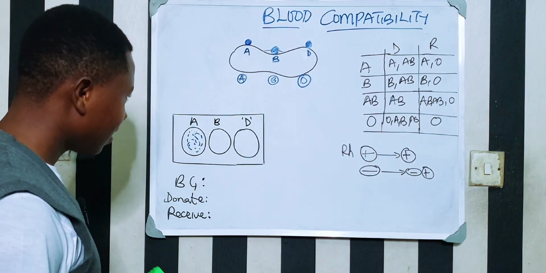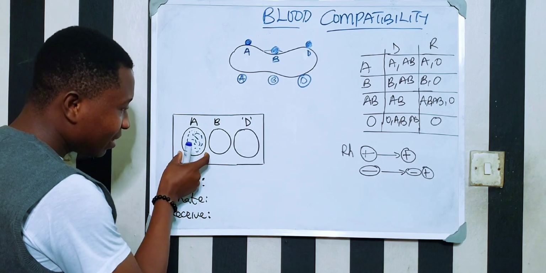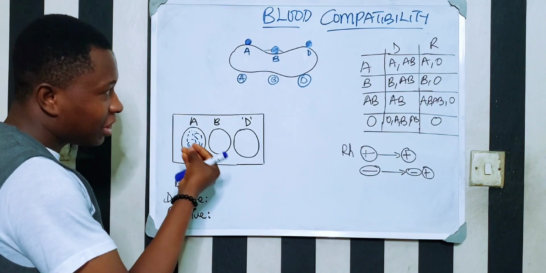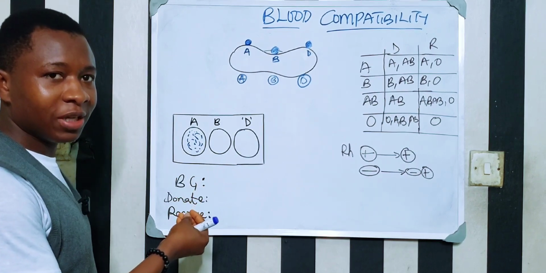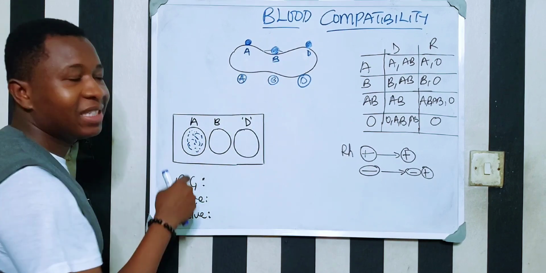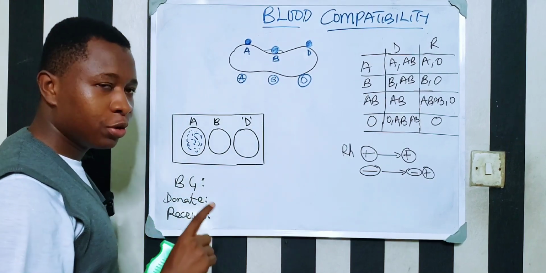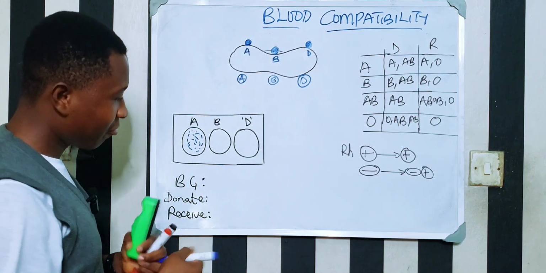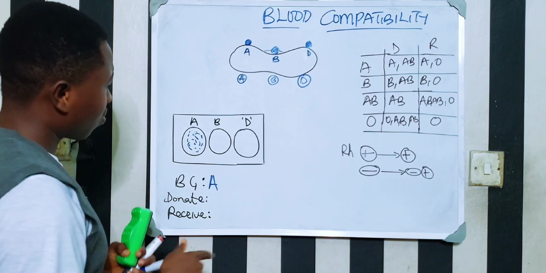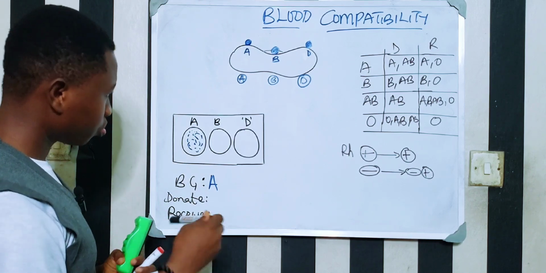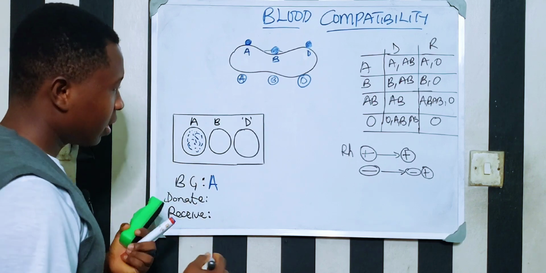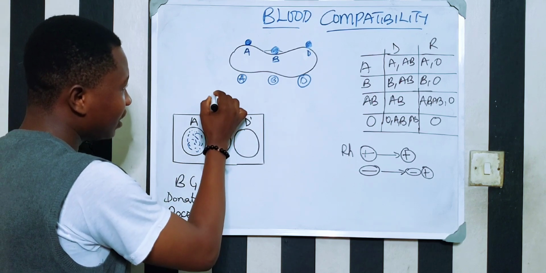What does that signify? That signifies that this antibody in this dish has reacted with the antigen. Okay? The antibody for A has reacted with the A antigen. So if there's a reaction, that means the blood group is A. So we have blood group A. Now, what other thing do we need to know?